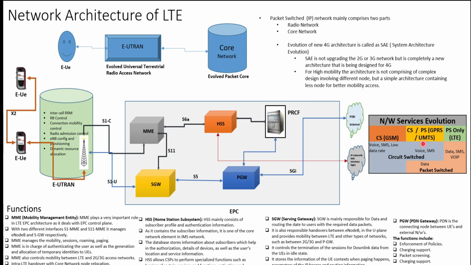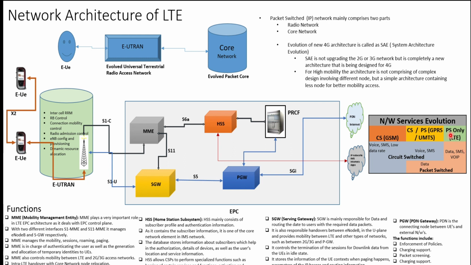Now when you come to 3G, it contains circuit switch as well as packet switch. So along with data, it supports voice and SMS. Compared to 2G CS, 3G has a high data rate as well as voice and SMS. In 3G, video calling is also enabled.